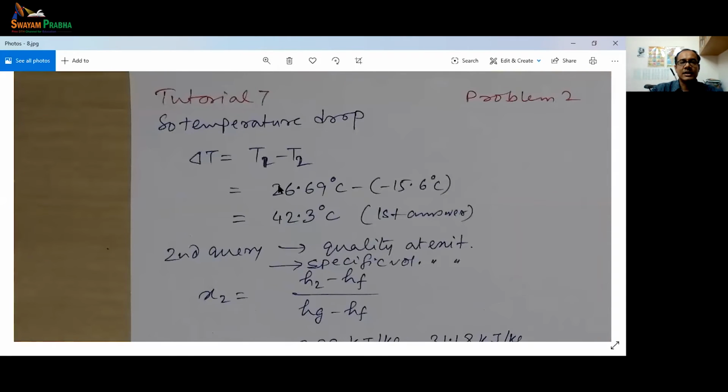So delta T is T1 minus T2, and that you can find to be 42.3 degrees centigrade. So just to keep the enthalpy the same, the pressure dropped as well as the temperature dropped. That is why whenever you have an expansion process or throttling valve, you can see a temperature drop.